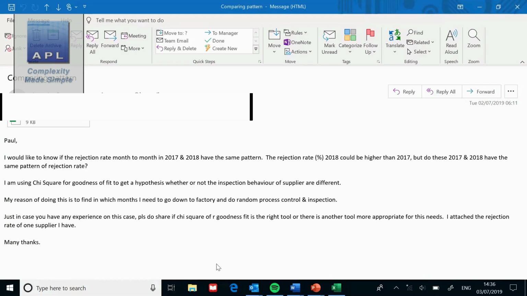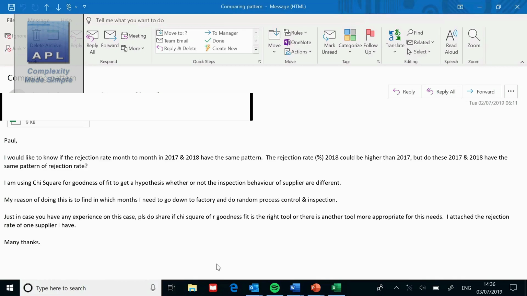My reason for doing this is to find out which months I need to go down to the factory and do random process control and inspection. Just in case you have any experience in this case, please do share if chi-squared, goodness of fit, etc. is the right tool, or is there another tool more appropriate for this needs? I have attached the reject rate for the one supplier I have. Many thanks.